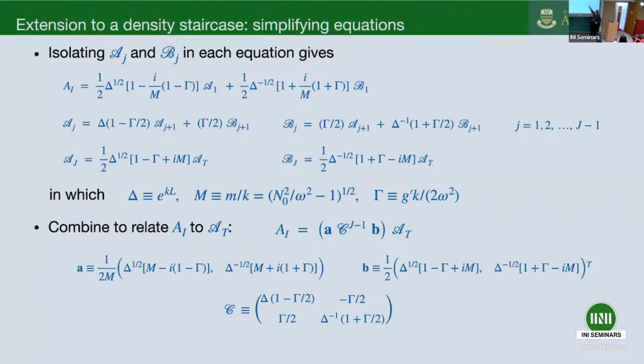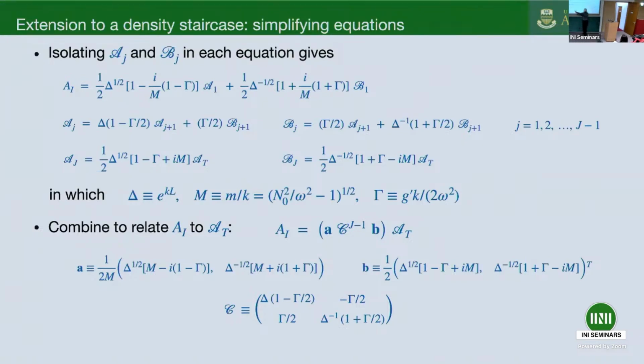So all that, because I've gotten rid of that J dependence in the middle of things, I can write this whole system as the incident wave amplitude is this mess times our transmitted wave amplitude, where that C is basically a matrix of coefficients from this AJ, that gamma, gamma over 2, gamma that.